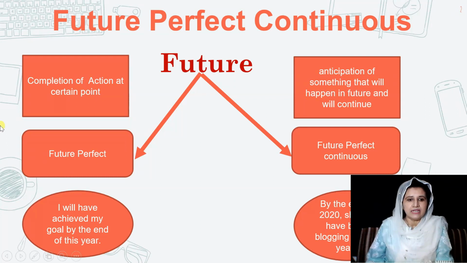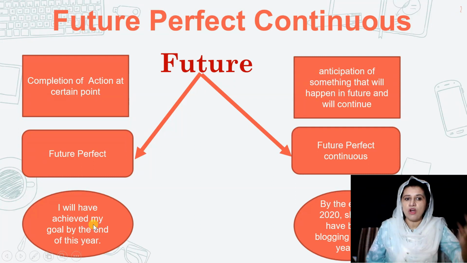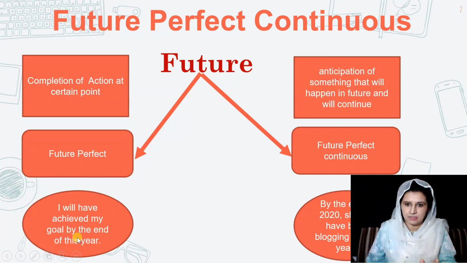For example, in future perfect, you can say, I will have achieved my goal by the end of this year. It means that by the end of this year, I will have achieved my goal. So this is completion of an action at a certain point.